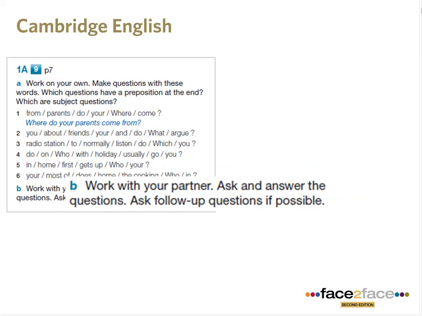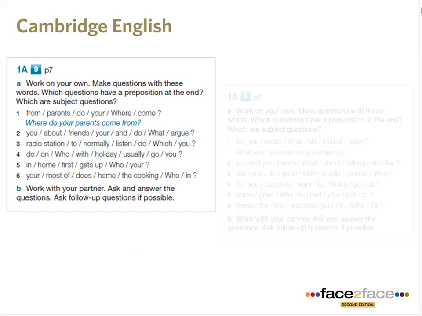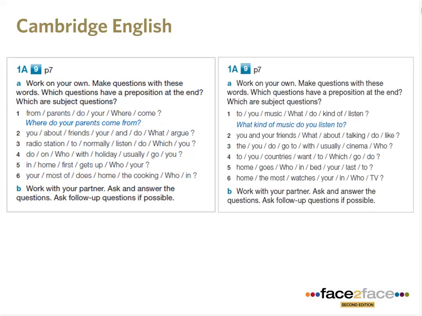If you make all the questions with you, then they can ask each other the questions. To make it even more interesting, we've given a student A and student B different questions. So when they work in pairs, they are asking and answering different questions. This again makes it a more interesting, lively, communicative activity.